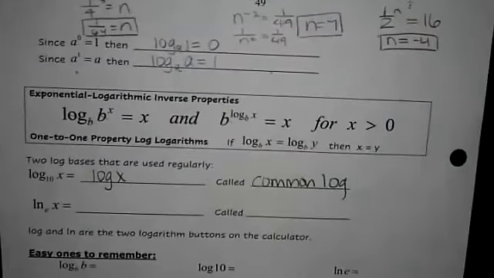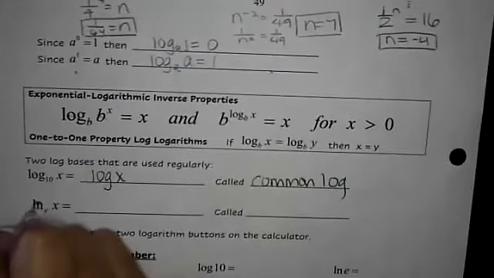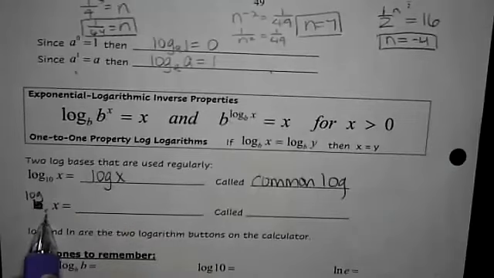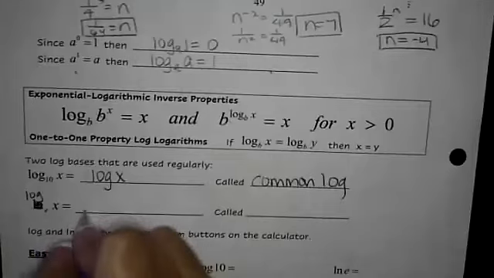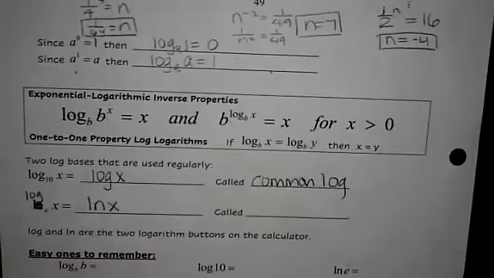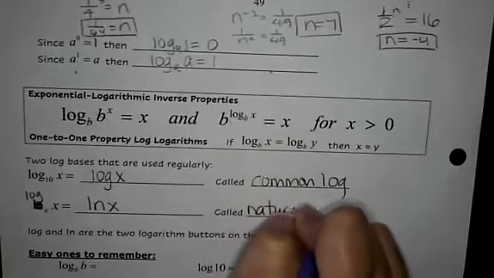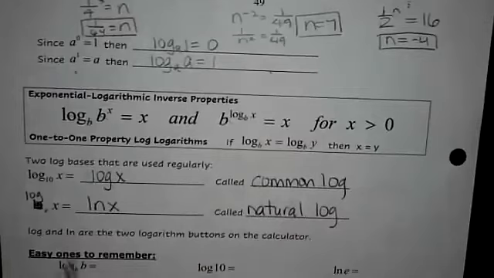The other one we use often, this should not say ln, it should say log. Log with a base of e to the x is, we write as ln x, and that is called a natural log. So the natural log is ln of x, and that's when you have a log with a base of e.